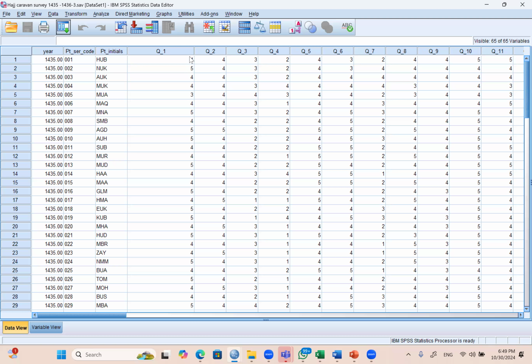So we are just going to use the numbers, okay? We have two sets of numbers. The first column here is when we administered the question for the first time. And the second column here is when we administered the same question for a second time.